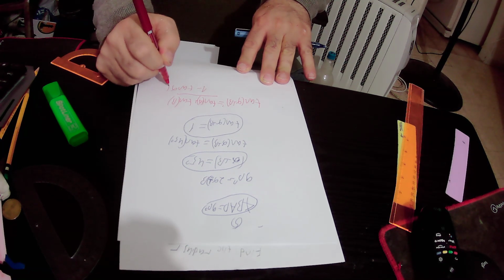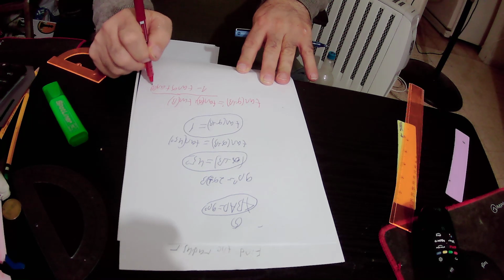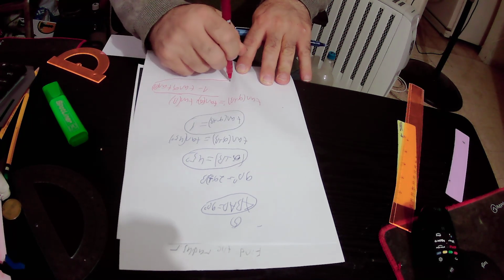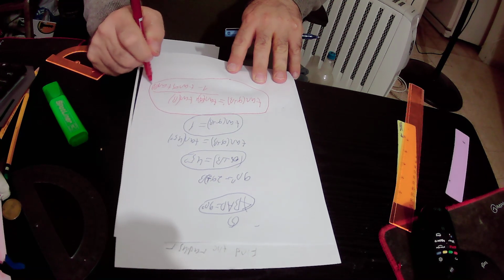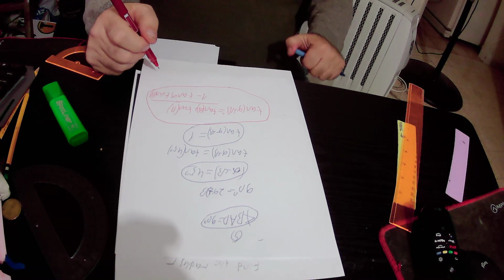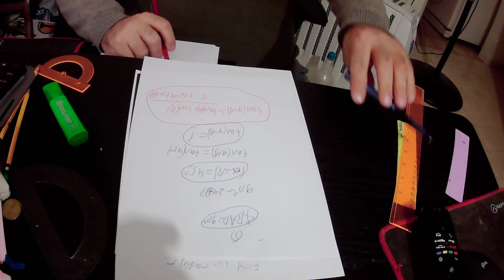This is a trigonometric identity that we don't have to prove, but we can use it in order to find out the radius of the small circle.